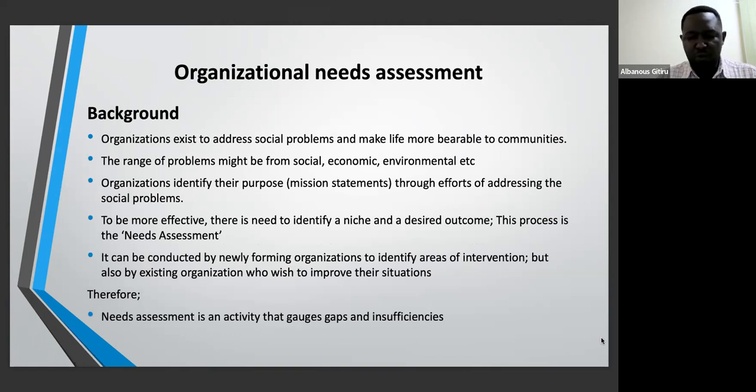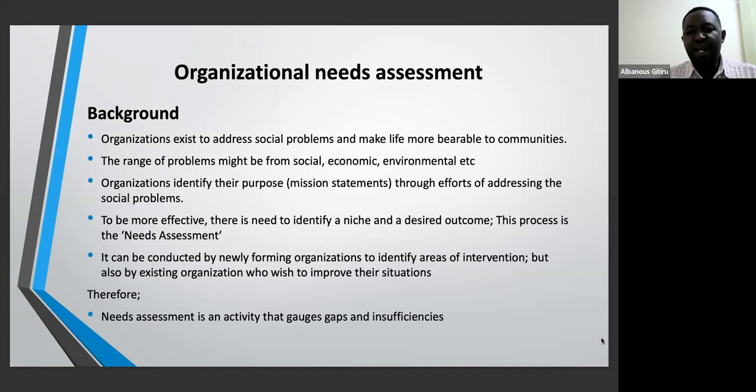If we are talking about needs assessment, I will need to understand a bit of background and where and why organizations exist. Organizations exist to address social problems and make life more bearable to communities. We have a range of problems that exist within community, but we can categorize them in different categories. Probably we'll have social problems, economic problems, environmental problems, you name them.